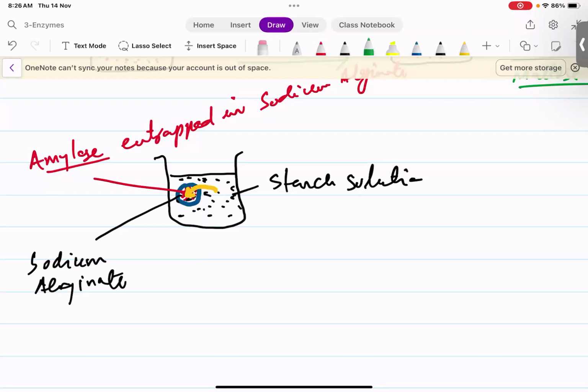As there is high concentration of starch molecules outside, so starch moves into this sodium alginate bead. This enzyme present inside converts starch into the product, and this product moves out of it.